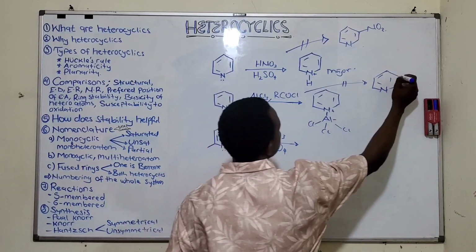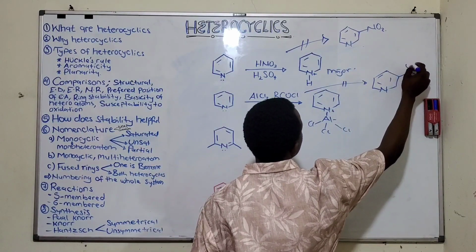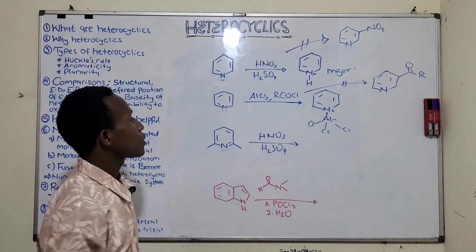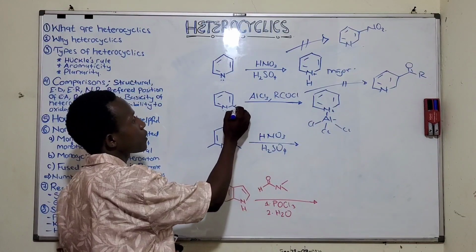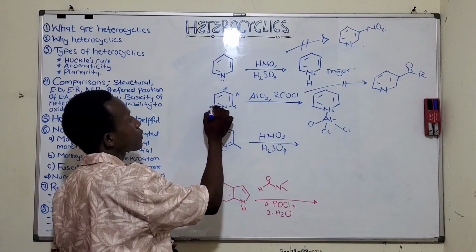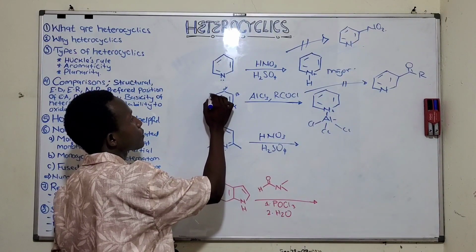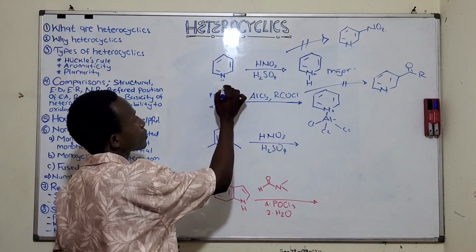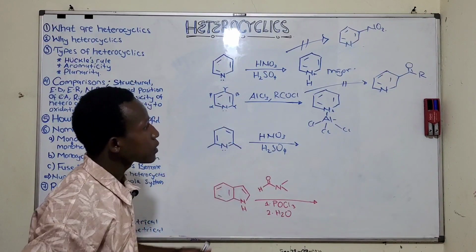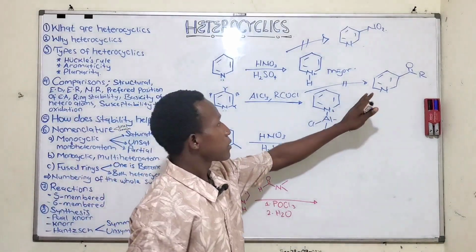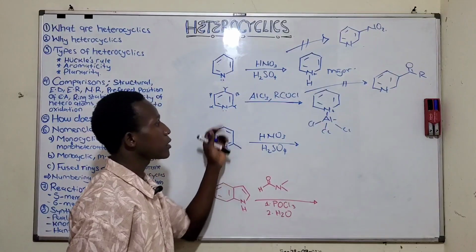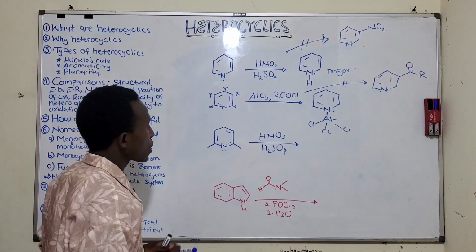So instead of acylation at position 3, or the beta position, this is alpha, this is beta, this is gamma. So this one will be the preferred position because the lone pair is available and it's localized.